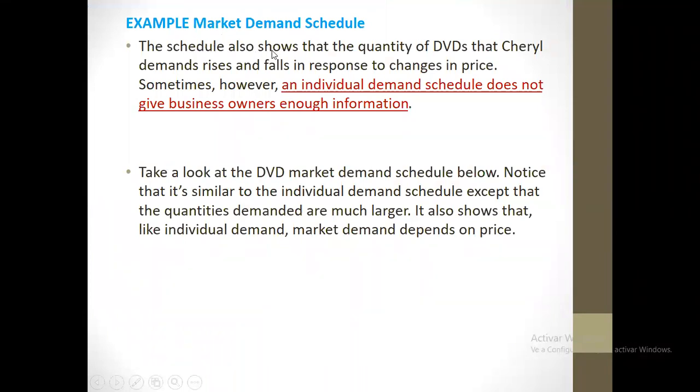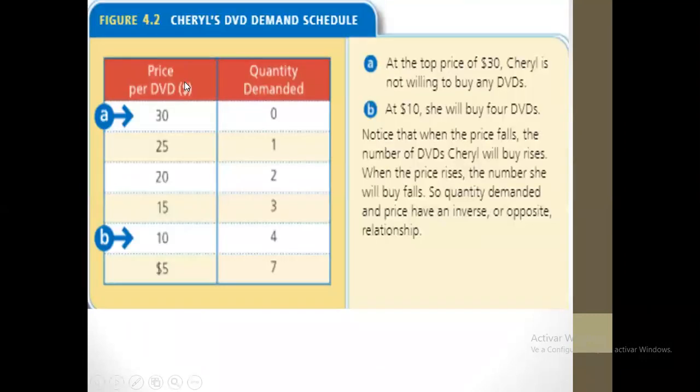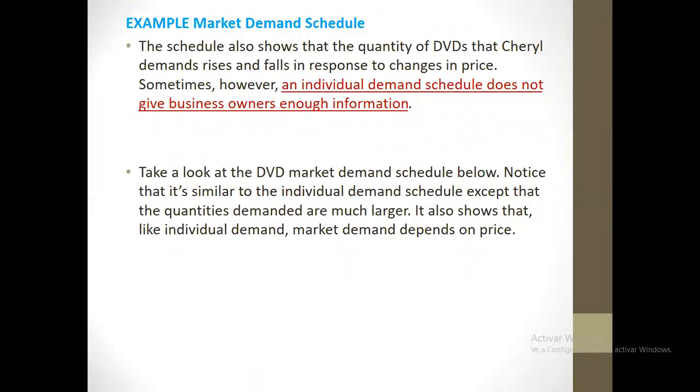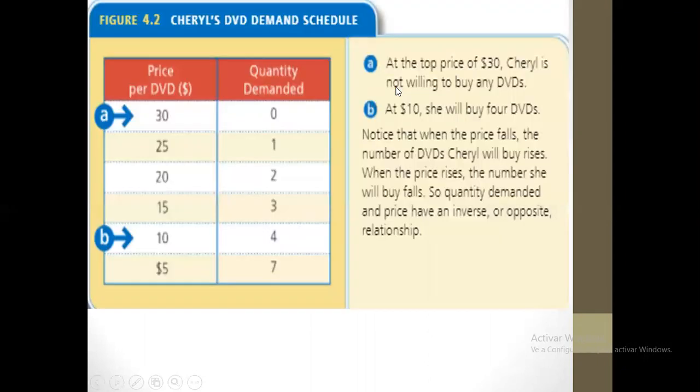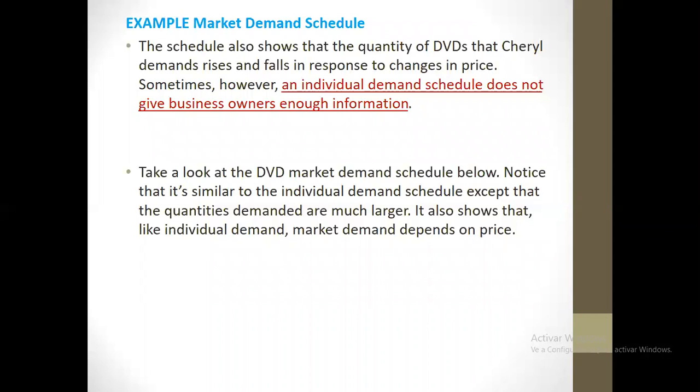The schedule also shows that the quantity of DVDs that Cheryl demands rises or falls in response to changes in prices. Sometimes, however, individual demand does not give a business owner enough information.